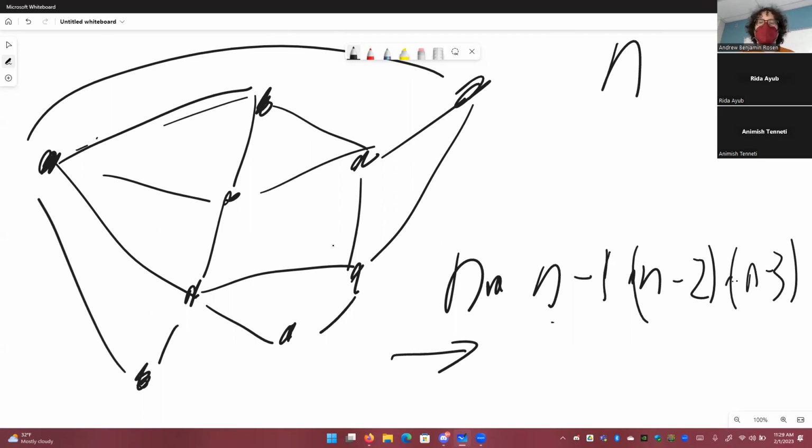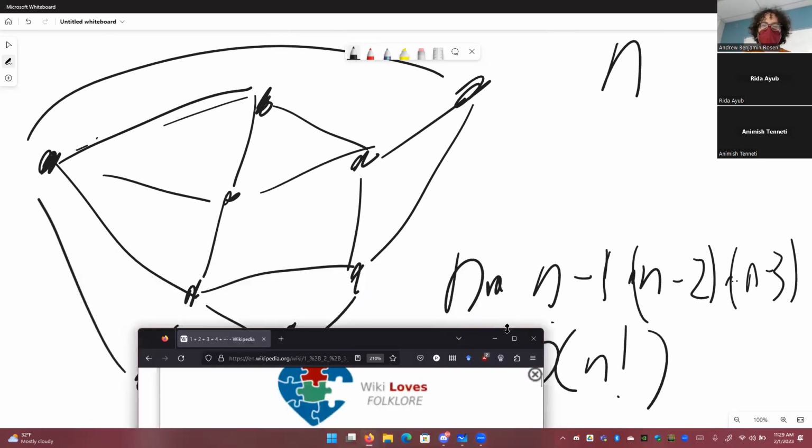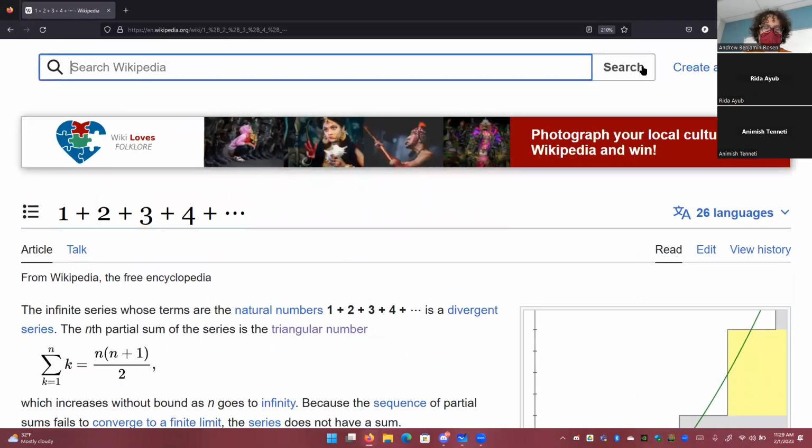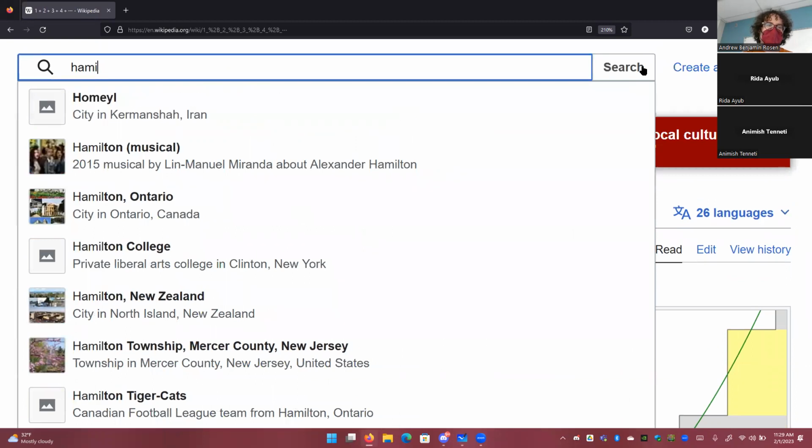As we go down from n to n-1 to n-2 to n-3 to n-4 to n-5 to n-6 to n-7, all multiplied together. Yes. It comes down to n factorial. So this is an n factorial operation.